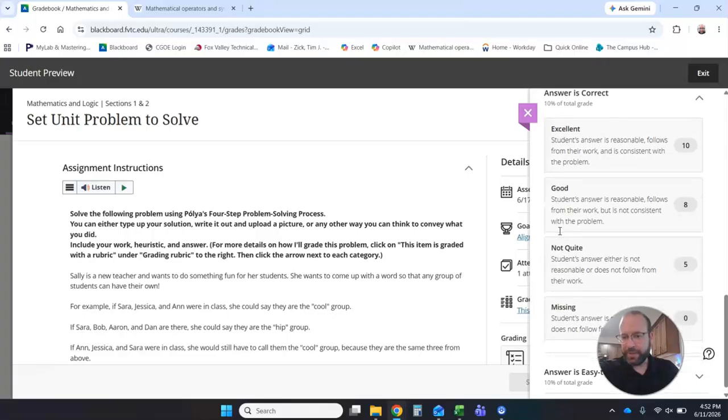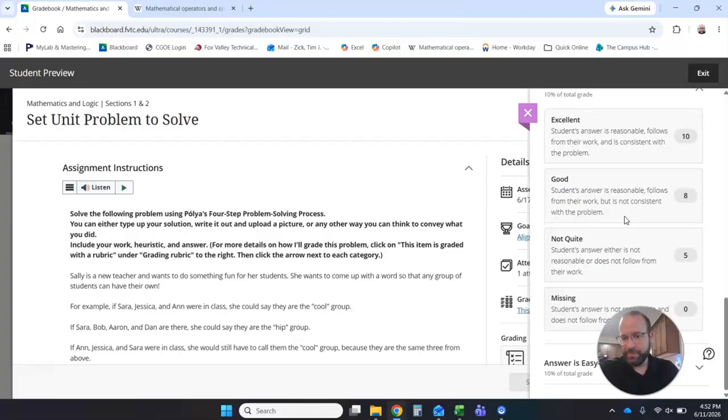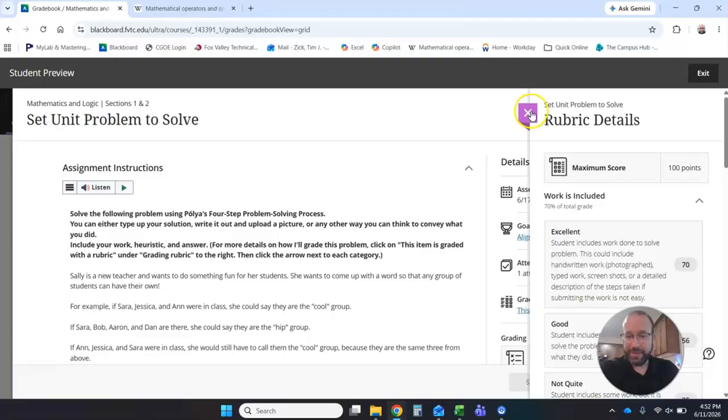Then being correct is worth 10 of the points, but notice that having your answer be reasonable and follow from your work is worth 8 of the points. So that's 8 out of 10, which is still really good. And then easy to find is the last thing I want for your answer. I want it in a complete sentence, at either the very beginning or the very end of your submission. So that's how I'm going to grade that.